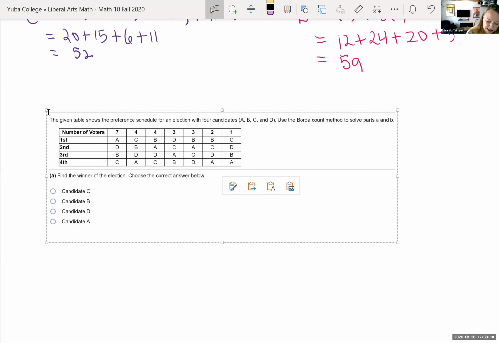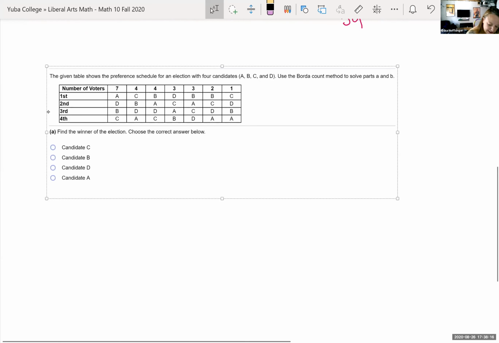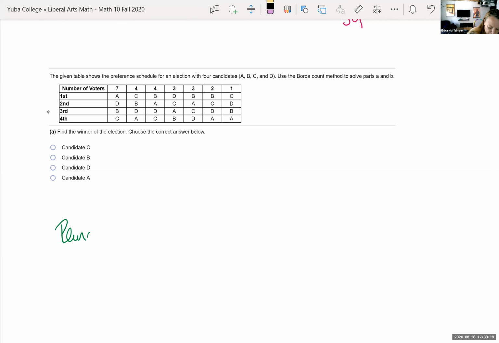Okay, so let's look at plurality with elimination. We saw that the least number of first place votes was D. And so we're going to take D out of this ballot. If we took D out of this ballot, they no longer have these 3 votes for first place, and everything shifts up. So technically, everything would shift up here. D would go here, so A would shift up.